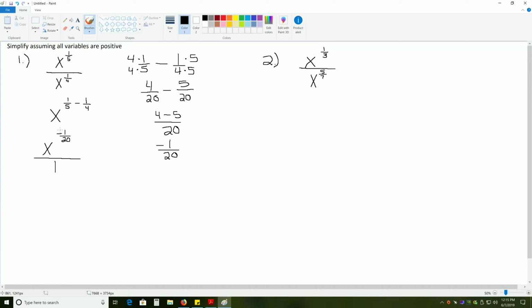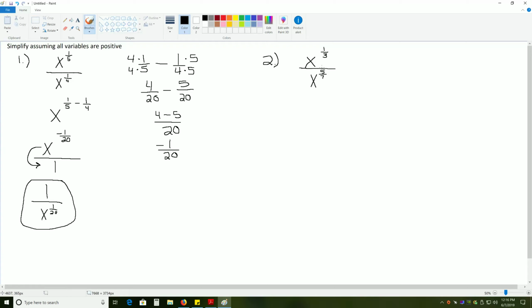So to make this exponent positive, we will move this down to the denominator, which gives us 1 over x to the positive 1/20. And that is the completely simplified form of x to the 1/5 divided by x to the 1/4.